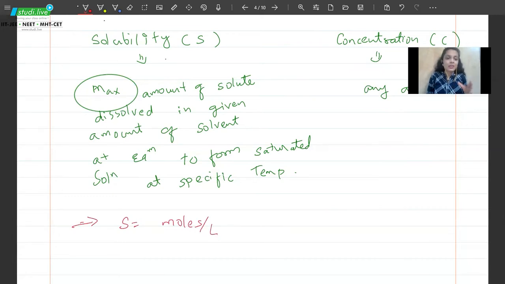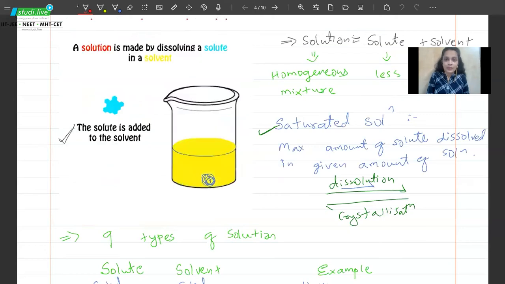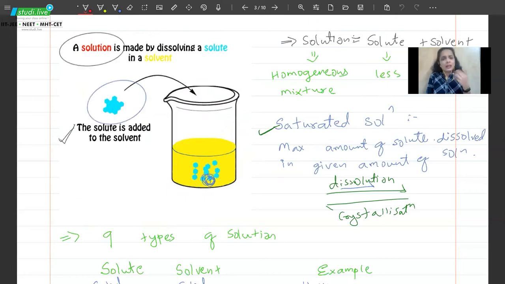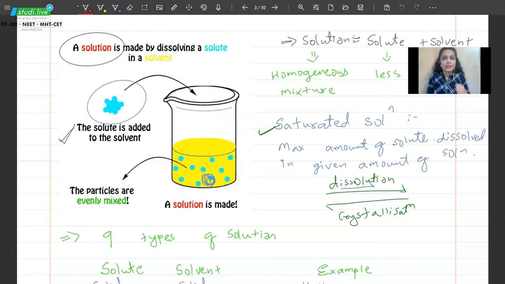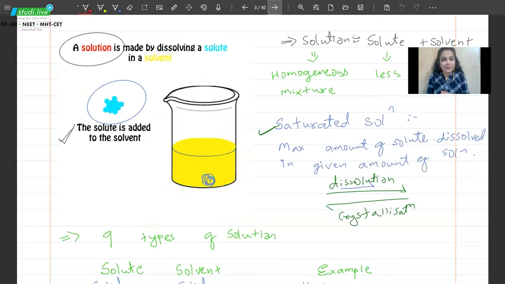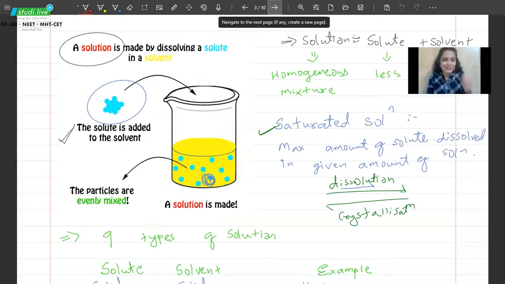Okay, this is the basic unit for solubility. I'm hoping you understood the basic part over here. In the basic part, we have discussed what a solution is all about, how it has been made, 9 types of solution, and a very important term, that is saturated solution. Apart from that, we had also discussed unsaturated and supersaturated. I'm hoping you understood this basic part very well.